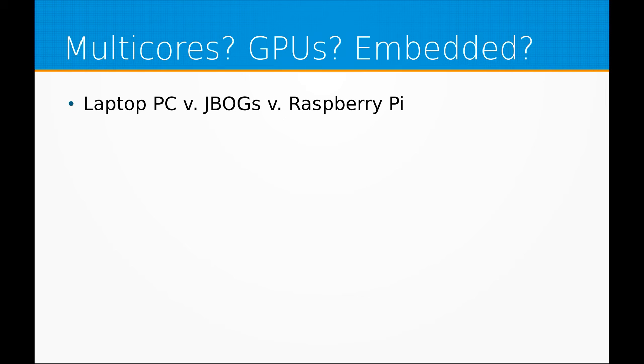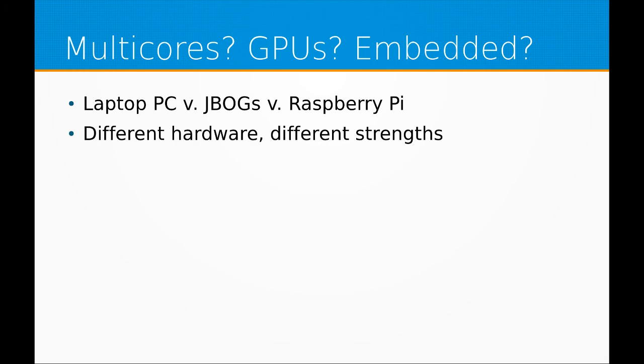Because programmers use your deep learning framework, and it has to compile to code which can run on laptop PCs as well as server systems as well as Raspberry Pis, and these are completely different hardware, and each have their own strengths and weaknesses. For example, a laptop is portable and usually power is a concern.